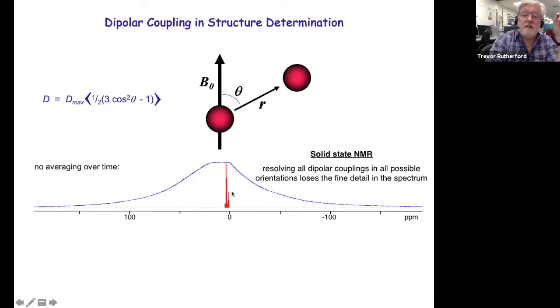So this red line here is the sort of dispersion that we would normally get for the chemical shift range of a proton NMR spectrum. If we have a solid state sample, then the dipolar couplings are so overwhelming to the spectrum that you lose all fine detail for the resolution of the spectrum.